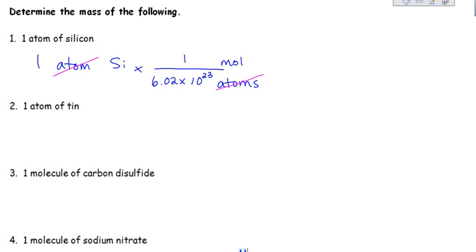I could do another proportion, so let's tack on one more. Right now we'd be at moles, which I don't want my final answer in moles, I want grams. And I know that 1 mole would have the mass on the periodic table, the molar mass. So I look up silicon, 28.09.